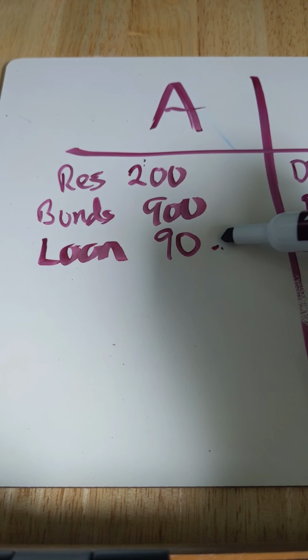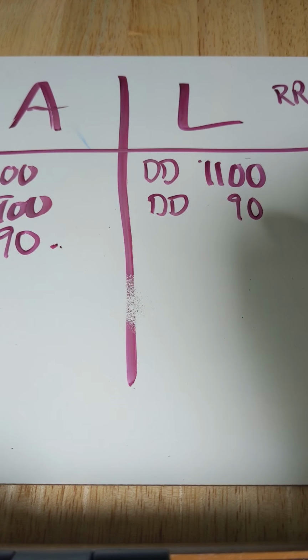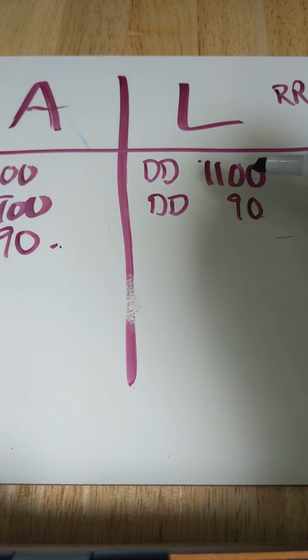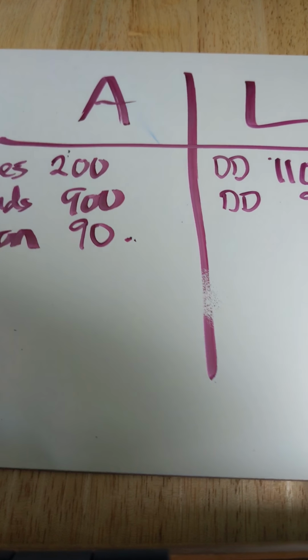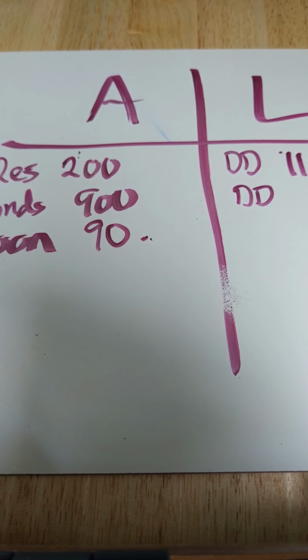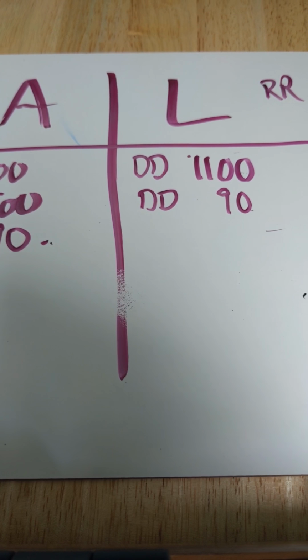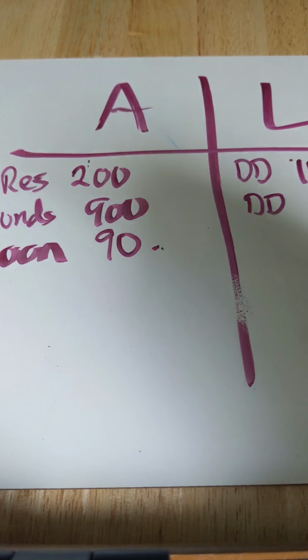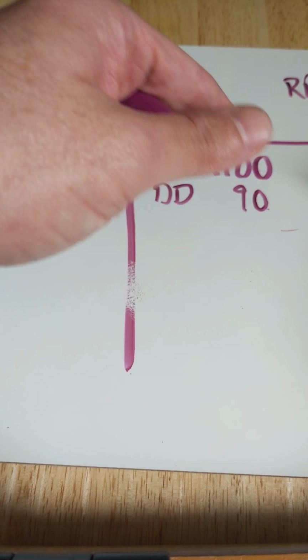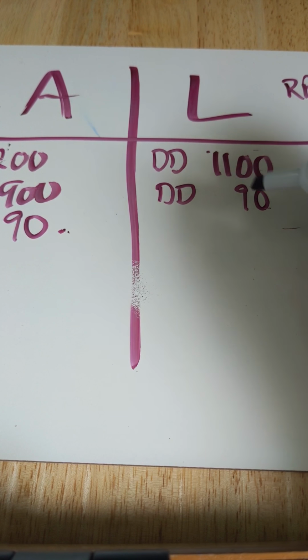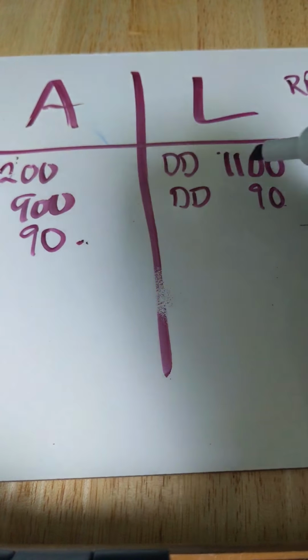Notice that this $90 is owned by both this person and this person simultaneously. And the bank effectively has created $90 of new money. Because look, there originally was $1,100 here, $1,100 here. Now there's $1,190.